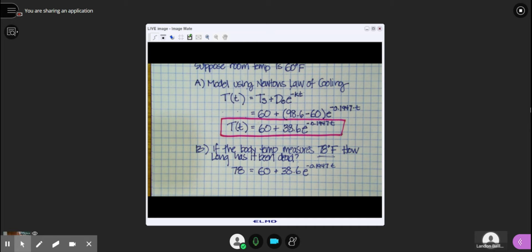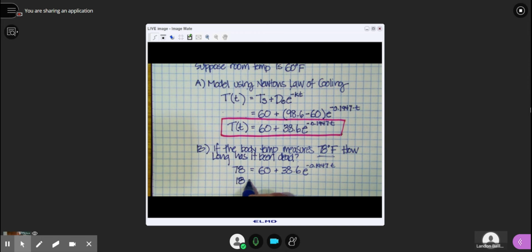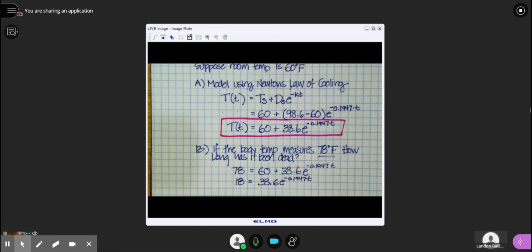And now I just have to solve this natural log like I've been solving them all along. Subtract 60 from both sides. But then I'm going to divide both sides by 38.6.